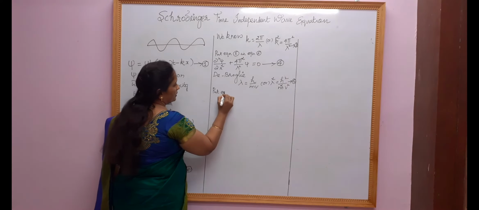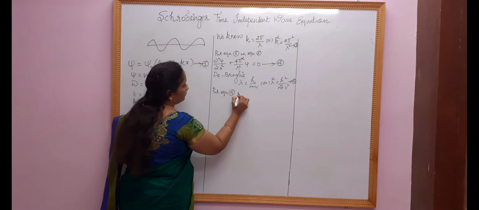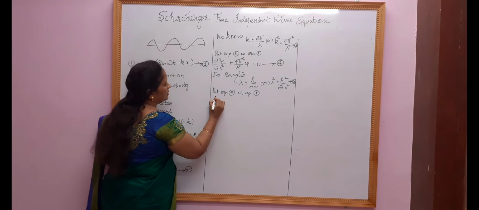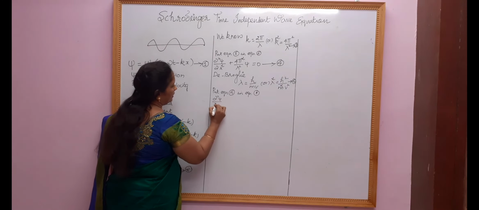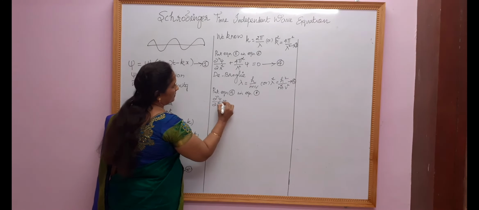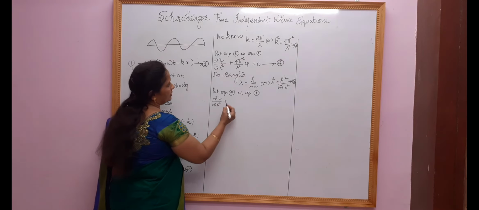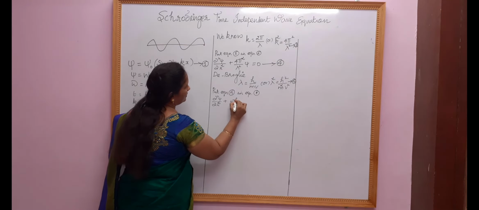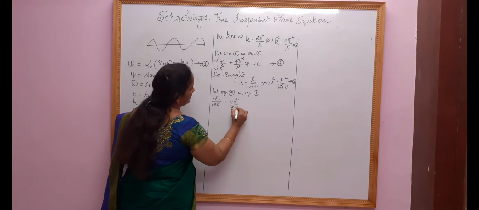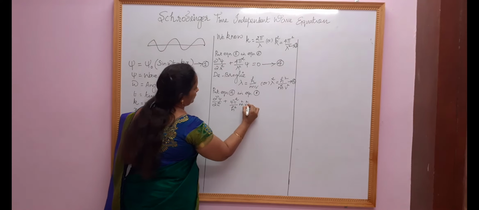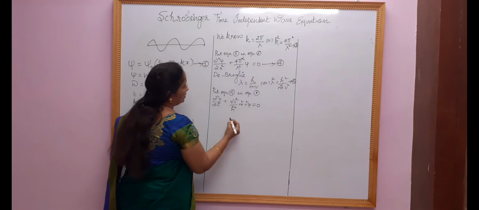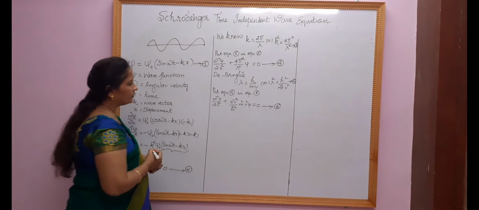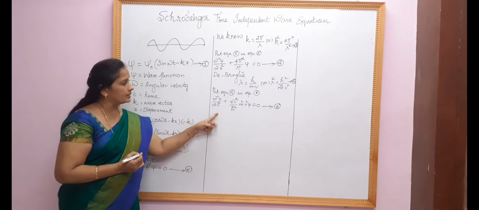So dou square psi by dou x square plus 4 pi square m square v square by h square psi is equal to 0. This is your equation number 6.